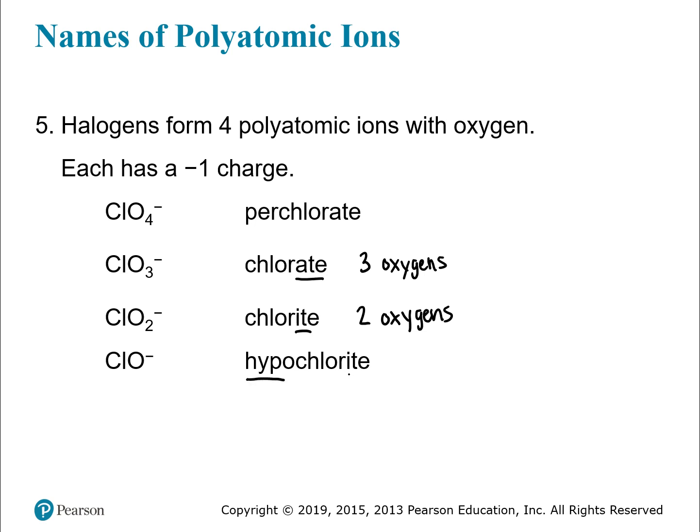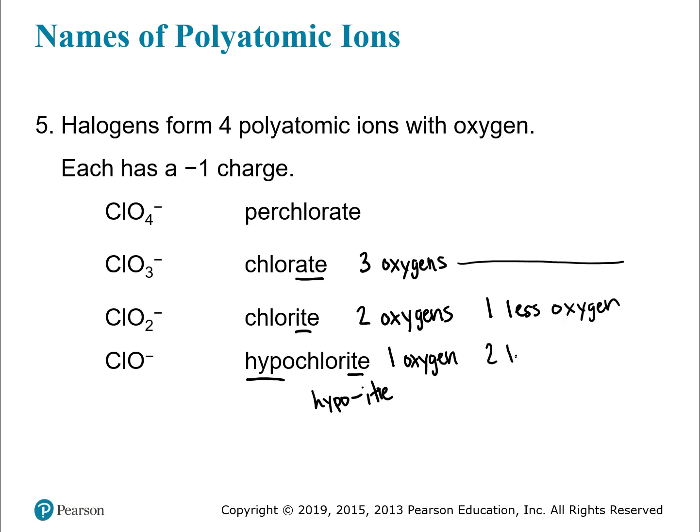If you have hypochlorite, then you're actually going to have even fewer oxygens. So if this is our gold standard, we've got 1 less oxygen and 2 less oxygens for our hypochlorite.